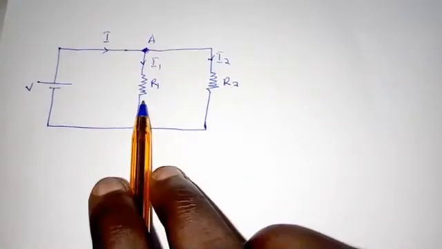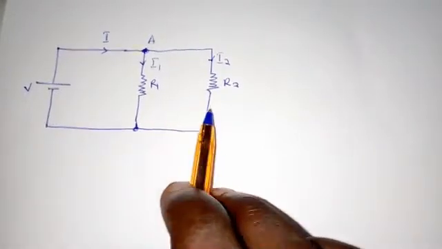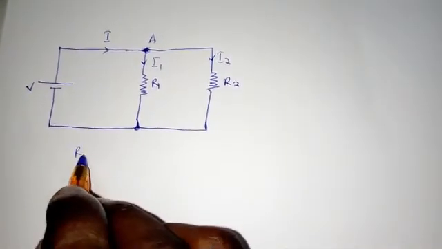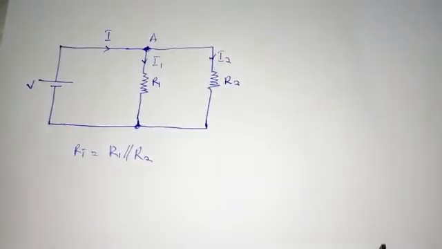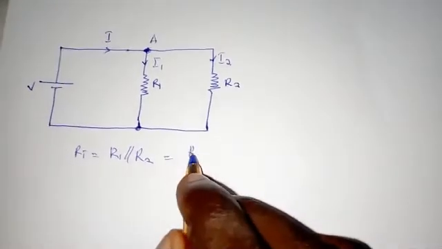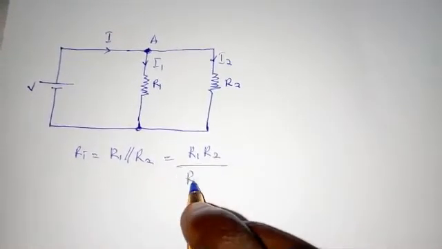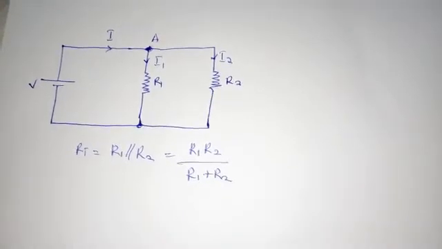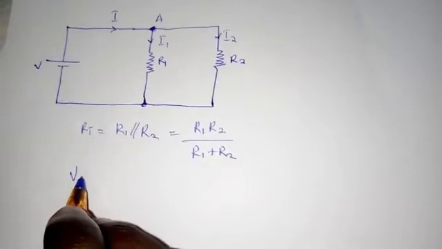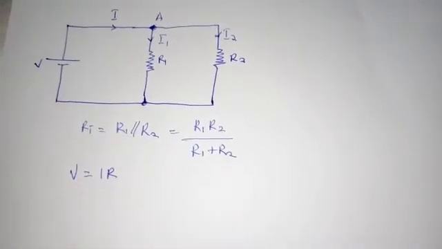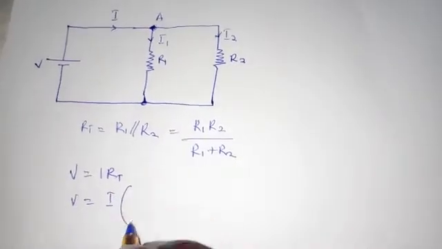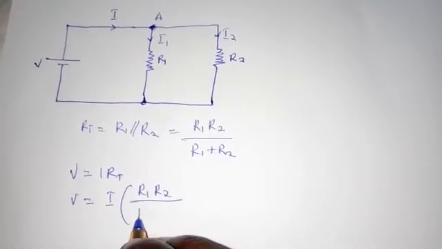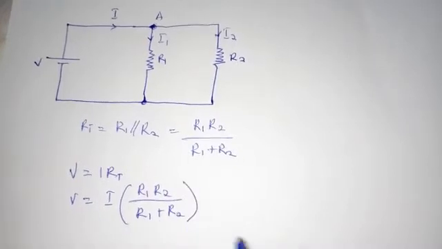We can clearly see that these two resistors are connected in parallel, and so the total resistance is simply R1 parallel to R2, which becomes R1 R2 all out of R1 plus R2. We also know from Ohm's law that V is equal to I R, in this case the total resistance, so V equals I multiplying R1 R2 all out of R1 plus R2.